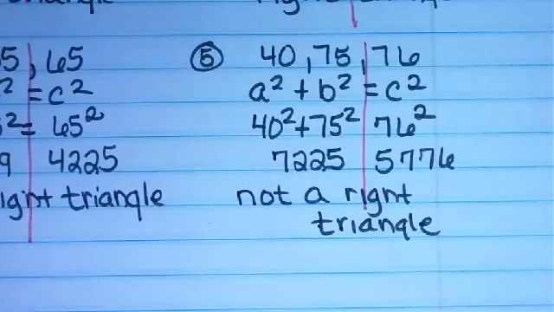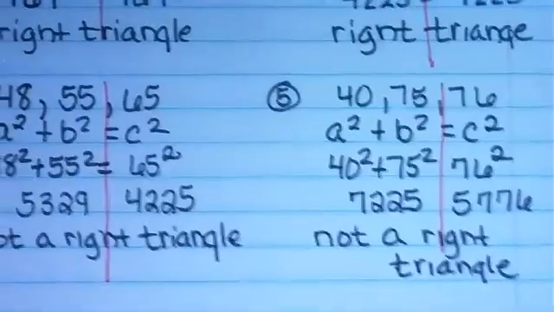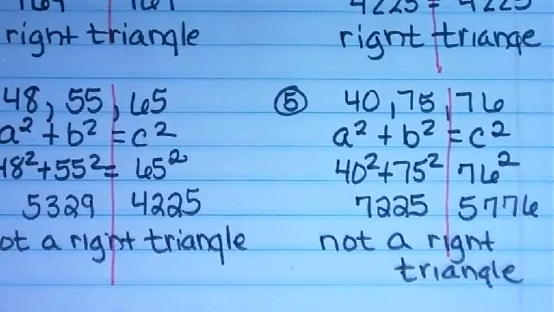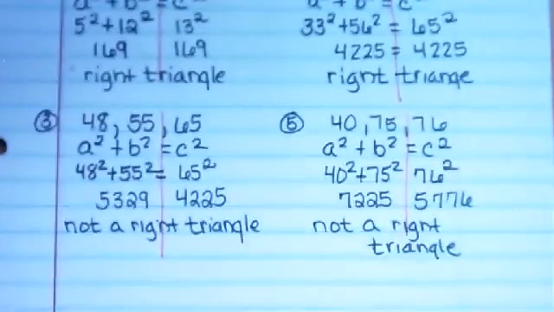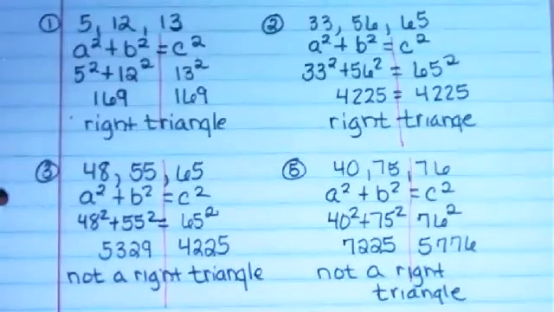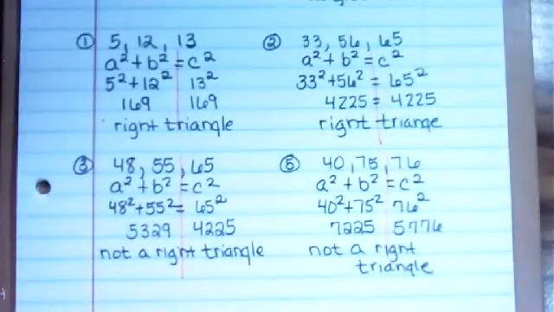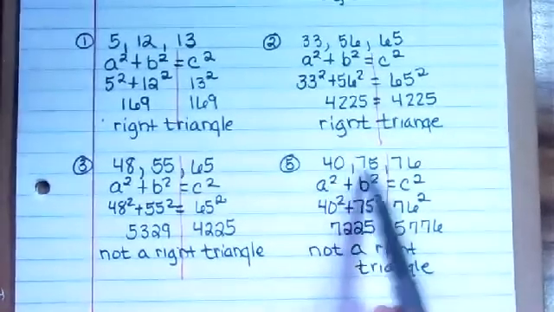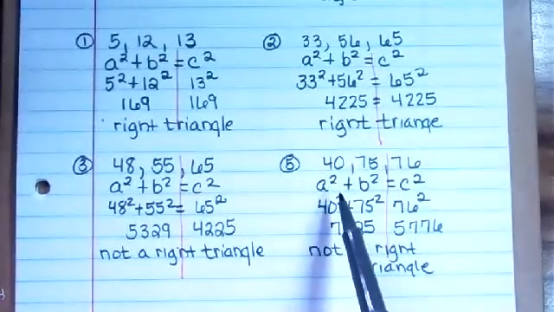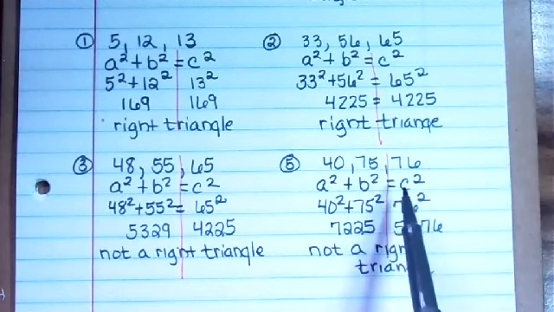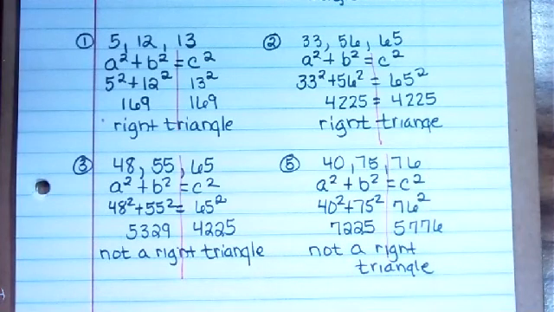Now, every time they give you 3 numbers and ask you, can it make a right triangle? This is all you're going to do. You're going to take your 3 numbers, put them in order from smallest to largest, and then substitute them into a squared plus b squared equals c squared. Then you're going to simplify the left side to an answer.